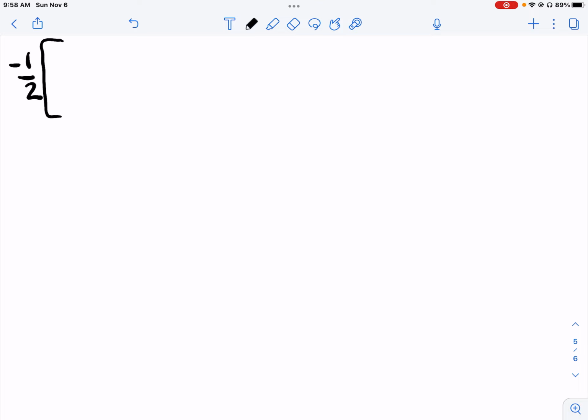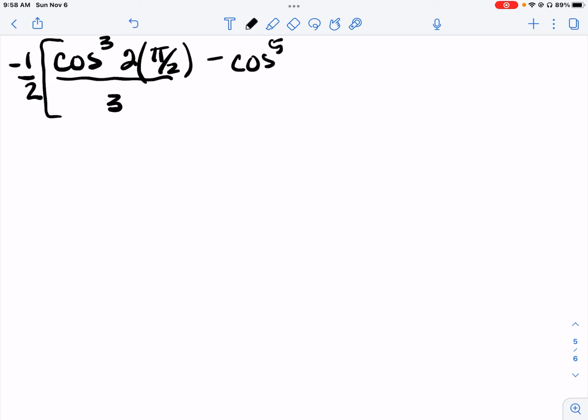Okay, so we plug in pi over 2 first. So we've got cosine cubed of 2x, where x is pi over 2, over 3, minus cosine to the fifth of 2x, where x is pi over 2, over 5, minus.